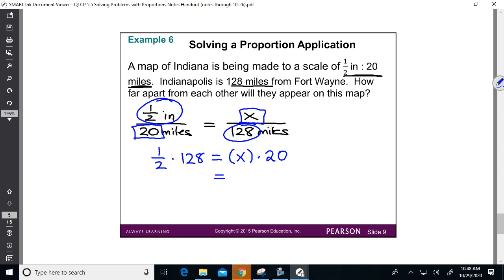So I know x times 20 is just going to be 20x. Half of 128 gives us what? 64. 64 equals 20x. So what do we have to do to finish off the problem? So divide by 64. So if I divide by 64, I'm going to get 3.2.